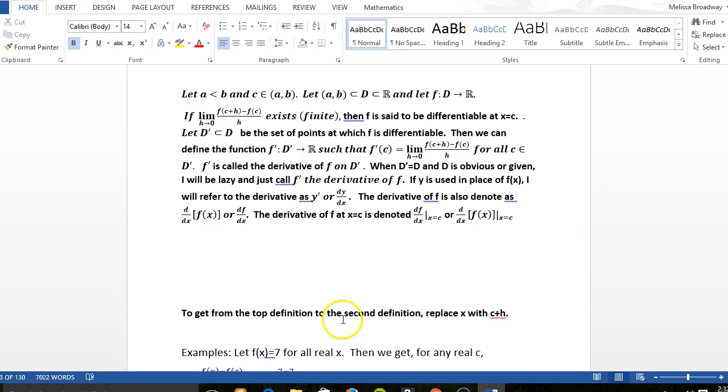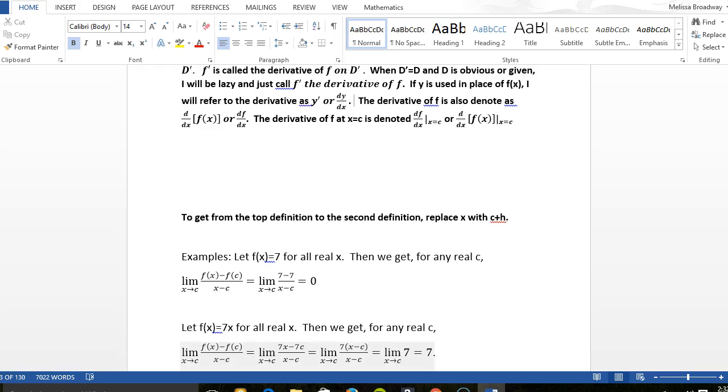Okay, and again, to get from the top to the second definition, you replace x with c plus h, and that's all you do. And as x goes to c, h is going to go to 0. It would have to, and that's sort of how the proof goes. That's just an informal idea of how the proof goes. That's not proof, but I'm not going to do the proof anyway.